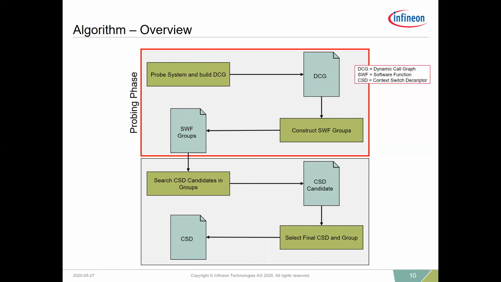In the second phase, the context switch descriptor phase, we use these groups and try to identify this context switch descriptor, which then verifies that this group is really the task set and that we can use it for the monitoring.